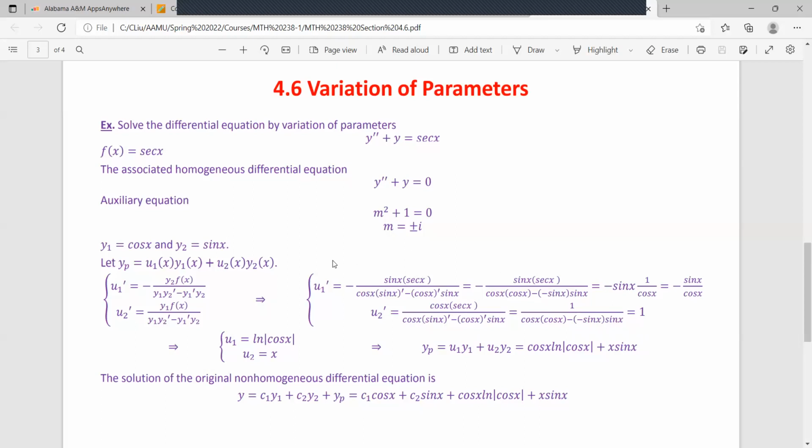So then we can easily integrate u1 prime to get u1, and u2 prime to get u2. So u2 is just very simple. It's just x. Okay, if you integrate the 1, you get x. And you can easily integrate negative sine x over cosine x to get the natural log of absolute cosine x if you rewrite it as cosine x prime over cosine x.